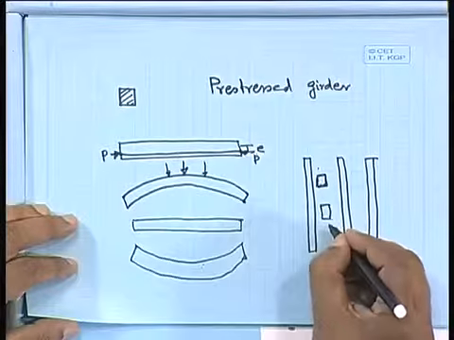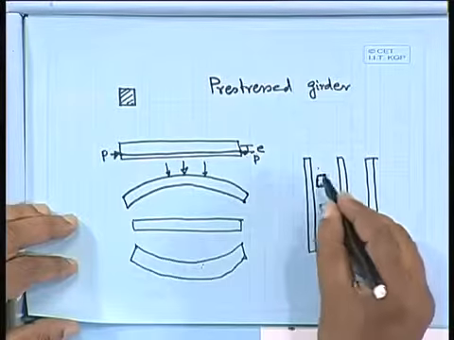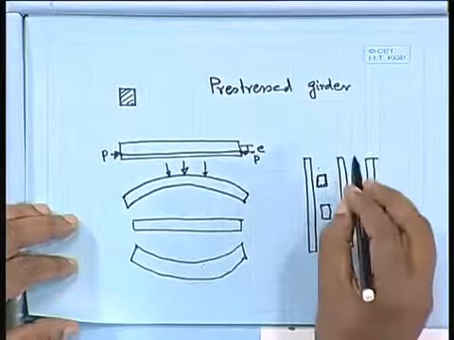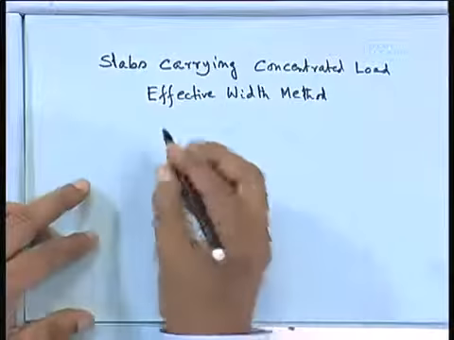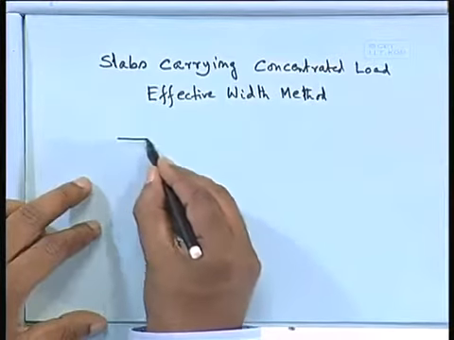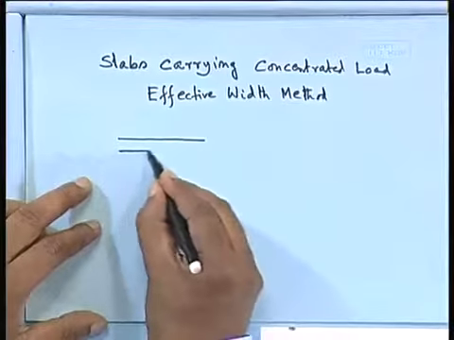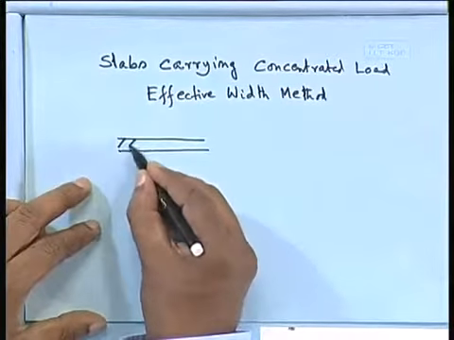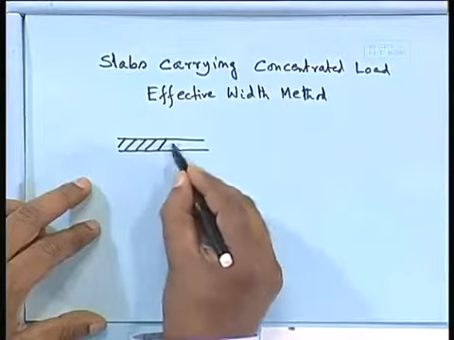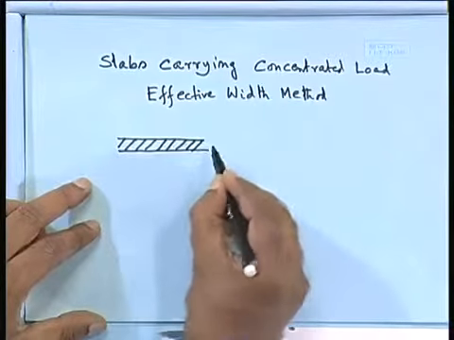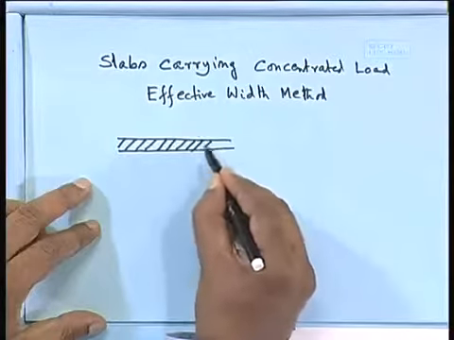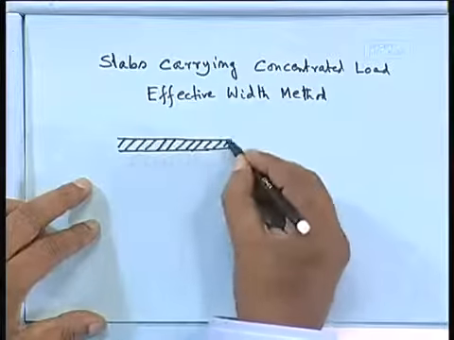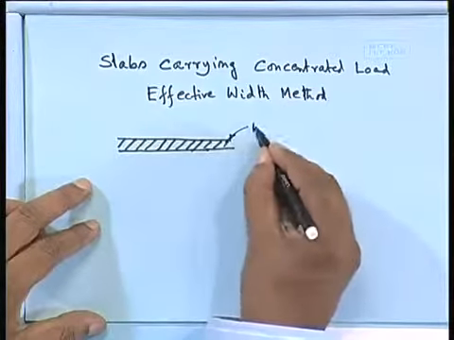So what we shall do here, in this case, there is always one wearing coat. Now come to the problem here. There is always one, this is called the wearing coat.